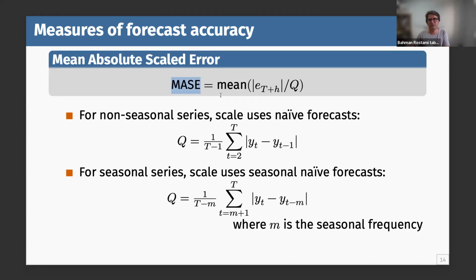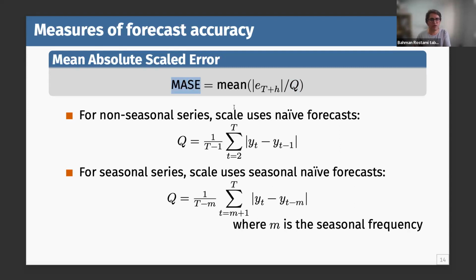MASE is something like mean absolute error, but scaled based on the fitted values of the naive method in the in-sample data. And if you have seasonal data, you can use the seasonal naive. The value could be equal to 1, greater than 1, or smaller than 1, but this is not really interpretable.